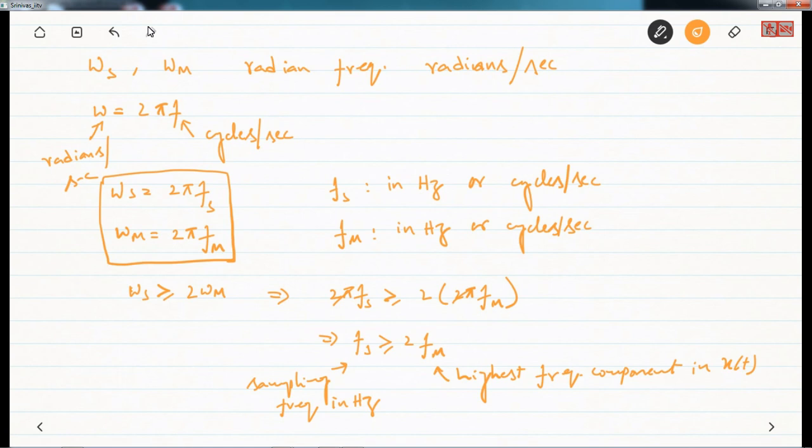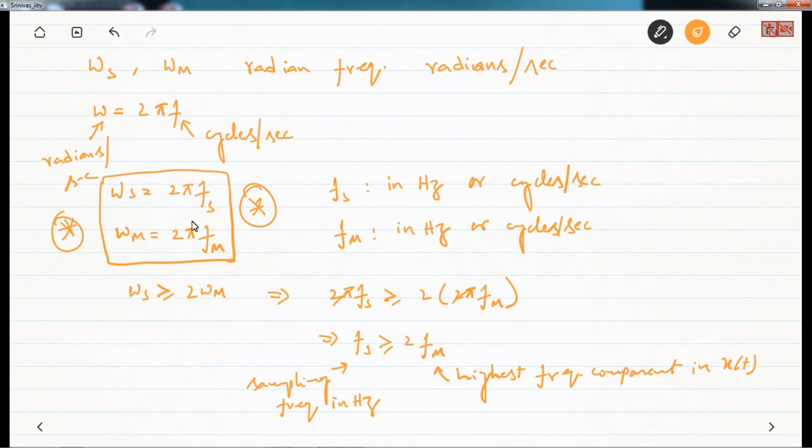So just remember this conversion and don't get confused that okay, we studied all this sampling theorem in terms of omegas, in terms of radians, but here the questions are in terms of hertz or cycles per second. Then how to do it? You just use this conversion formula, and all the results we derived so far will be applicable even when you use this conversion formula between Fs and omega s and Fm and omega m.